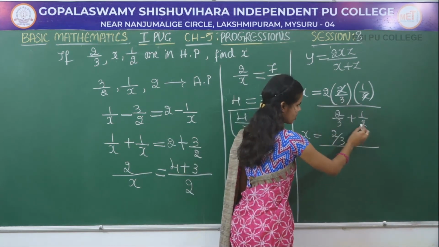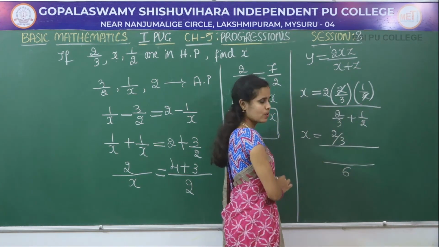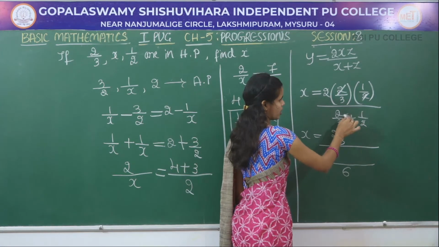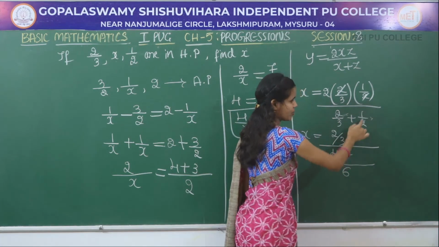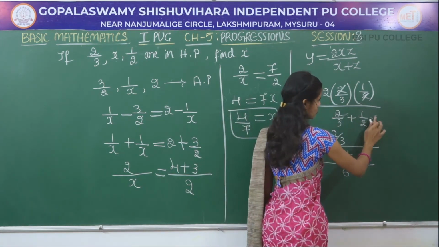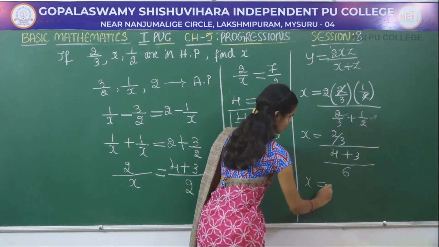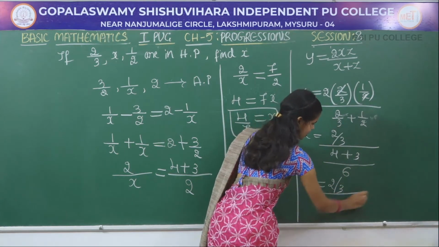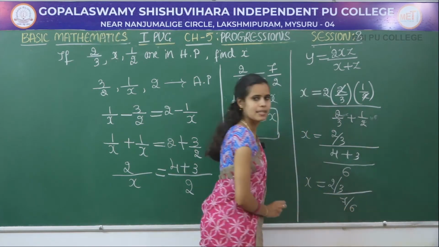Here add these two terms, the LCM for 3 and 2 is 6. So, 2 by 3 into 6, 3 2s are 2 into 2, 4, plus 1 by 2 into 6, multiply this term by the LCM 6, 2 3s, so 3 into 1, 3. So, therefore, x is equal to 2 by 3 divided by 4 plus 3, 7 by 6.